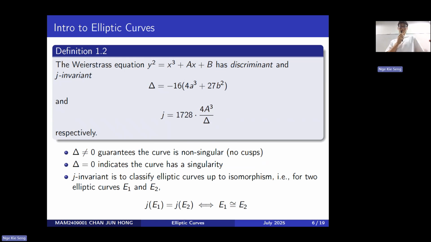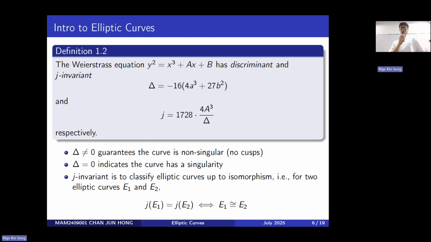Now, moving on to the next definition, a given Weierstrass equation has a discriminant and a J invariant. The discriminant is given by -16(4A^3 + 27B^2). I think it was supposed to be capital A and B. And the J invariant would be this multiplication here divided by the discriminant.